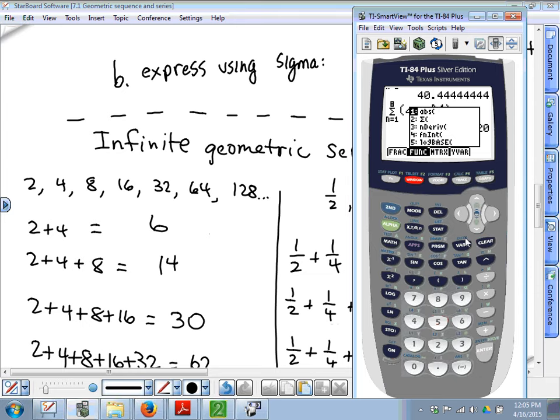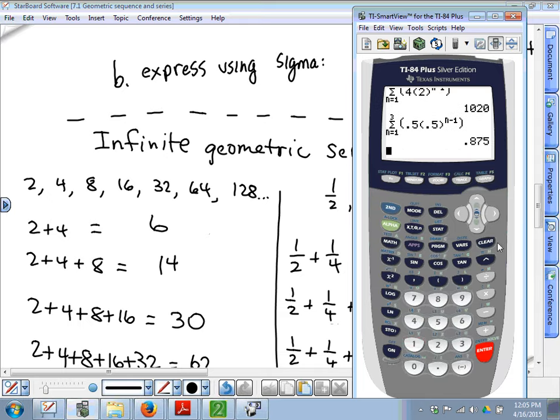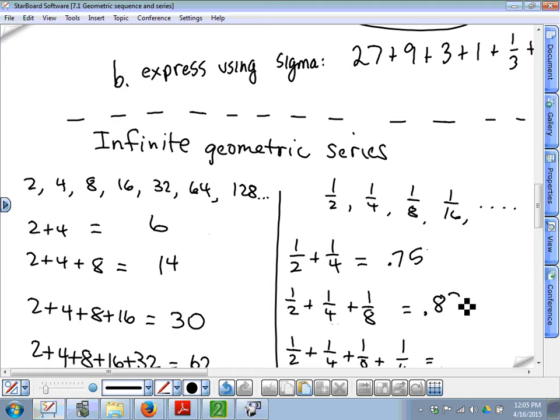Might as well start over. There we go. So if I add 1/2 plus 1/4 plus 1/8, you get 0.875. So if I added another number, did the total get bigger or smaller? It got bigger, right? 0.75 is smaller than 0.875, so the total got bigger.